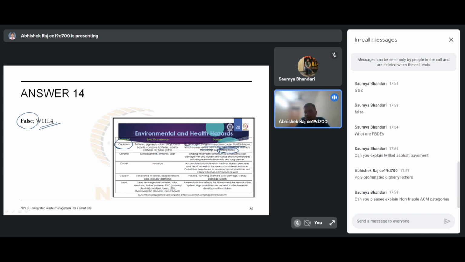Up to 1% we call it friable ACM, asbestos concrete material or something like that. So friable ACM is up to 1%, and beyond 1% it is non-friable. Friable means it can be degraded with hand pressure also. More than that, the strength goes high, so it is non-friable. So we need equipment and apparatus for that. That's how we classify it: friable, non-friable ACM.